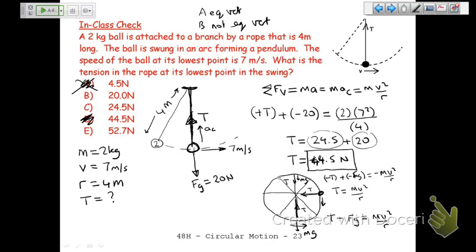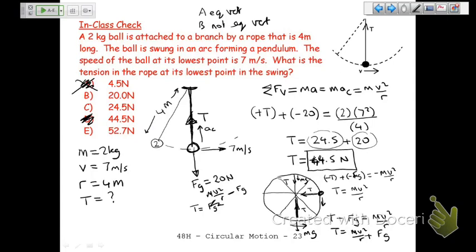So I get that T is equal to mv squared over r minus Fg. So in this bottom case, T is equal to mv squared over r plus Fg.